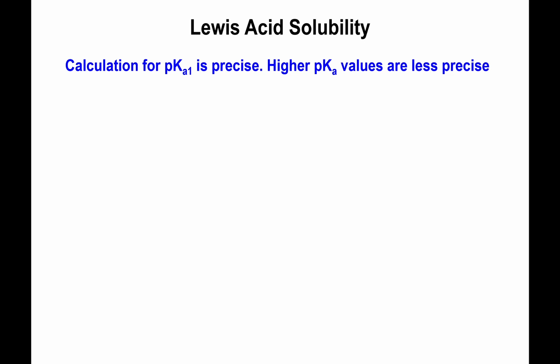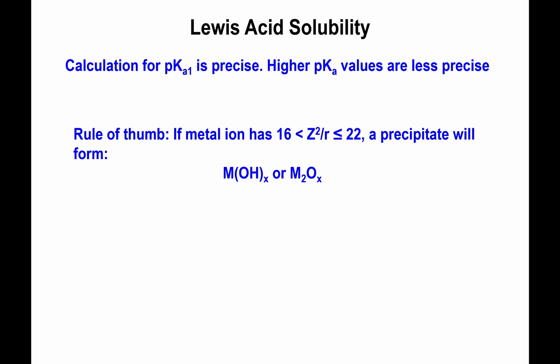Now, a much rougher estimation of the pKa's, which I tend to use, but I gotta tell you, it's pretty rough, is that if you end up with this C-square over R value that falls between 16 and 22, you're probably going to form a precipitate when you add the metal to water. And the way you tell for sure is you first calculate the pKa based on the formula, which depends on the electronegativity value of the metal.